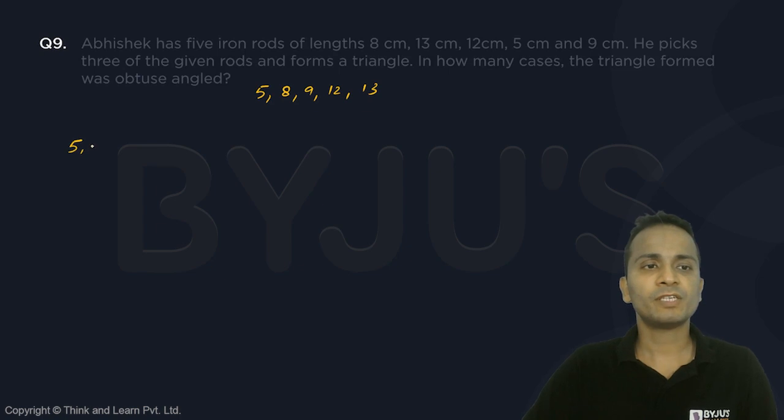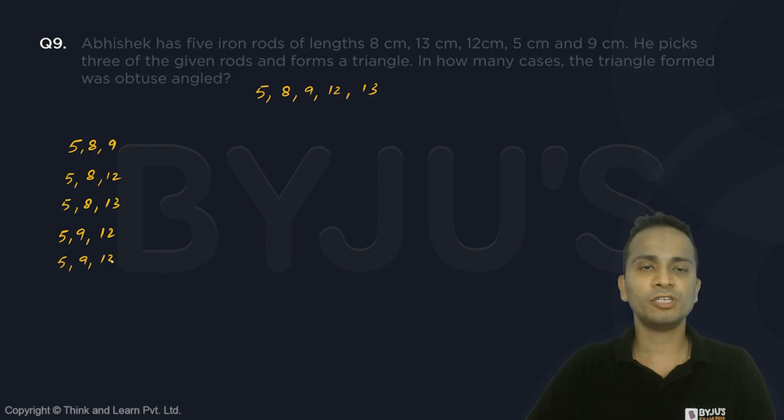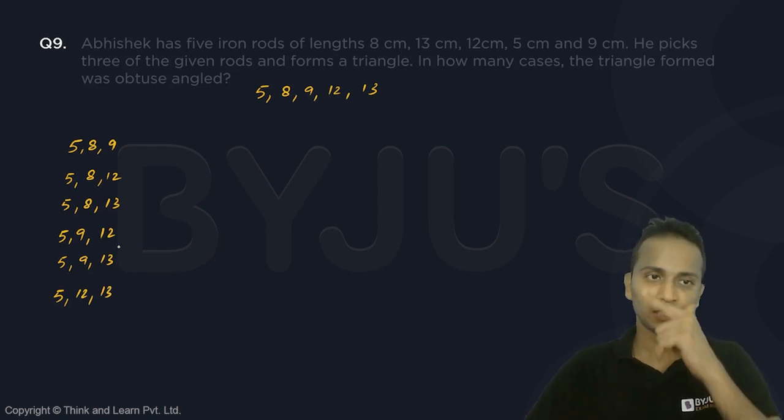So 5, 8, 9; 5, 8, 12; 5, 8, 13. All right. Then I will keep 5 fixed, with 9: 5, 9, 12; 5, 9, 13. Then 5, 12, 13, keeping 5 fixed.